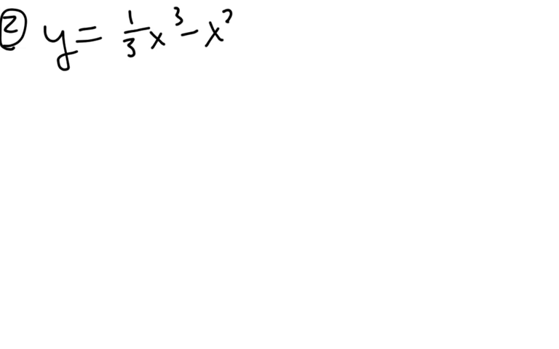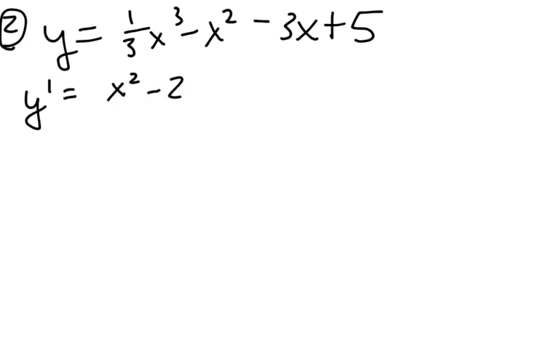Okay, here's our function. y equals, this is example 2 and our last example, 1/3 x cubed minus x squared minus 3x plus 5. So, first derivative, x squared minus 2x minus 3.